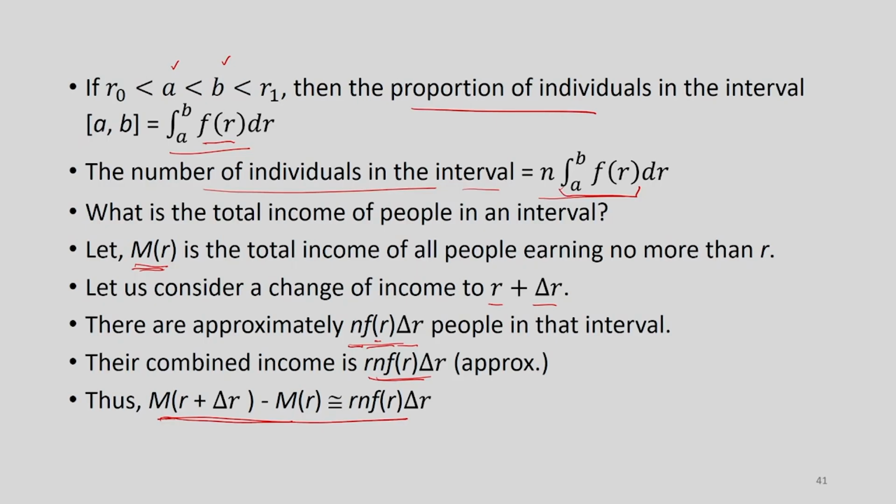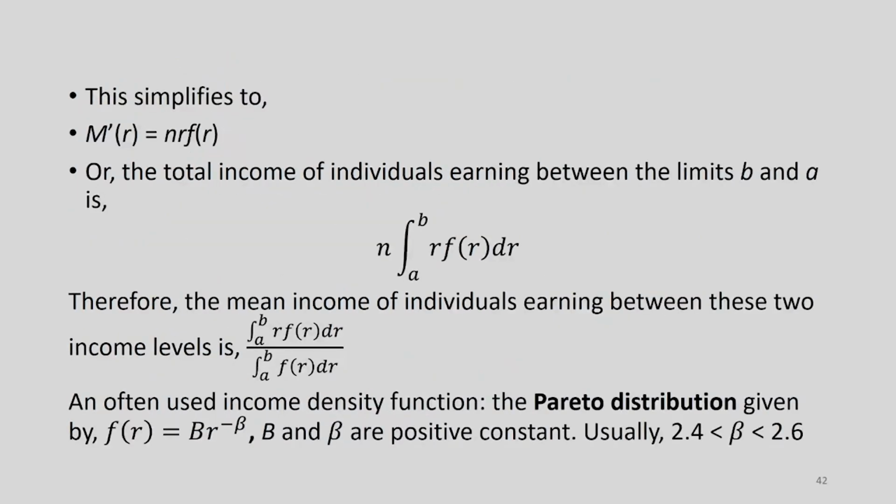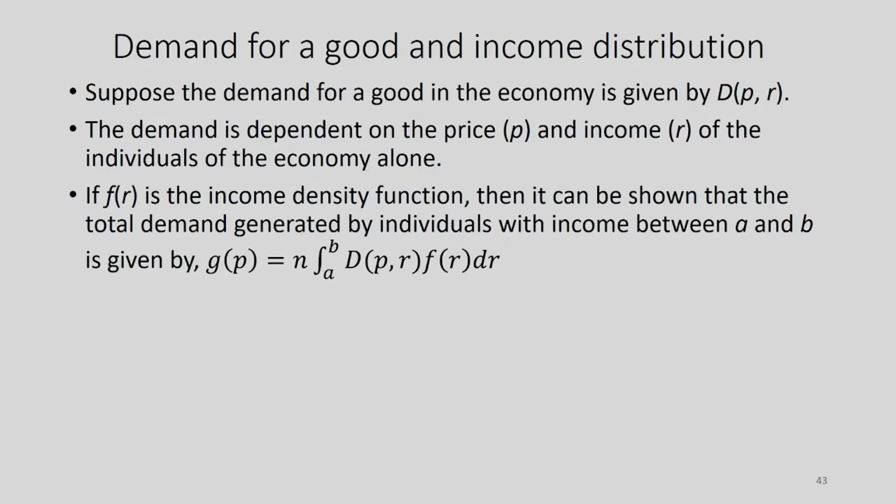Now, we can divide both sides by delta r, then the left hand side becomes the Newton quotient. And if I take the Newton quotient and take delta r approaching 0, then I get m dash r on the left hand side, right.